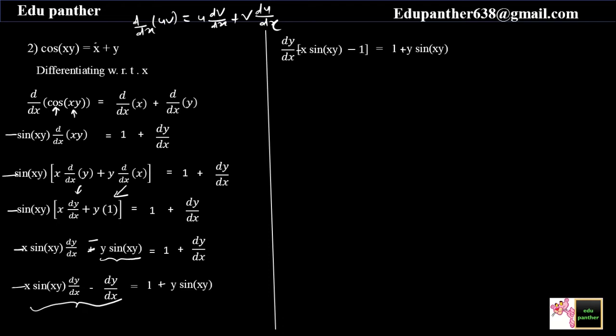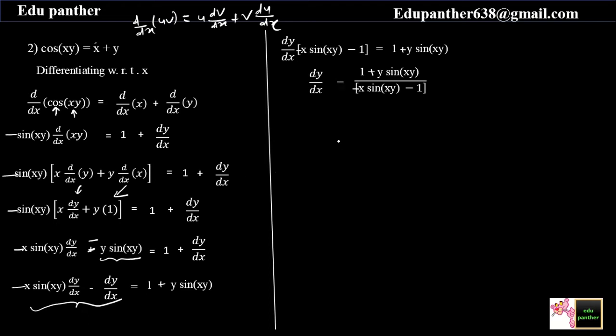Next we have to find dy by dx, so shift this bracket to the right hand side. The final answer is dy by dx equals 1 plus y sin xy upon minus x into sin xy minus 1. So this is the final answer.